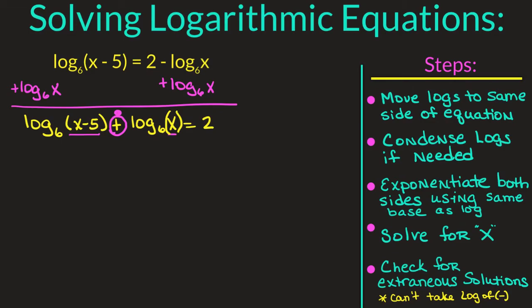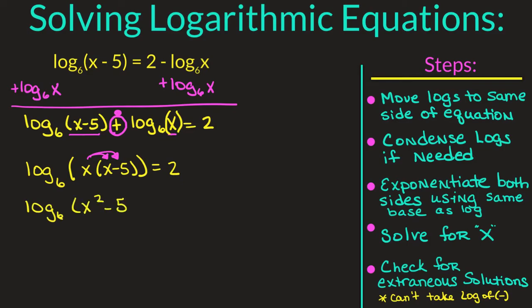So when we go to write it, we're going to have log base 6 of x times x minus 5, close parentheses, equals 2. Don't forget to distribute this x. So now we're back to log base 6 of x squared minus 5x equals 2.